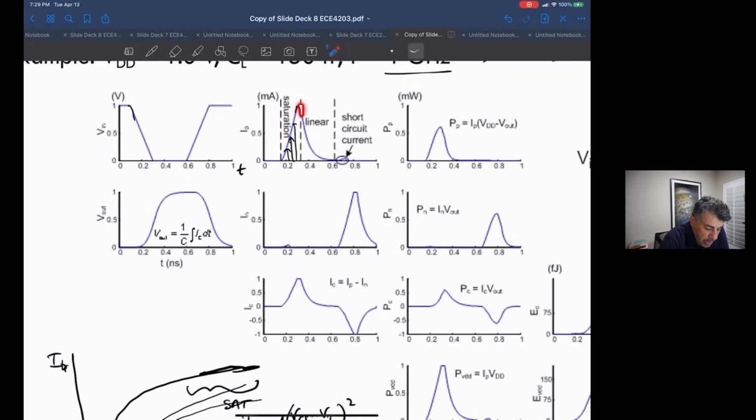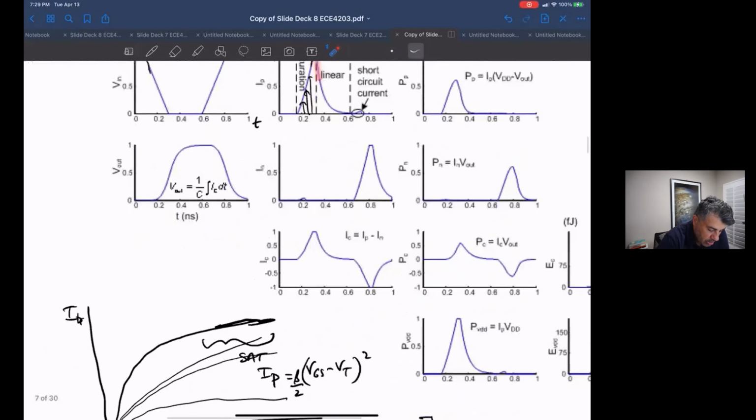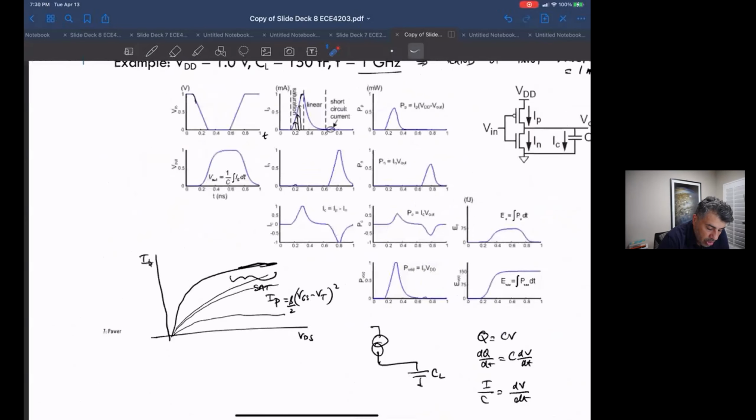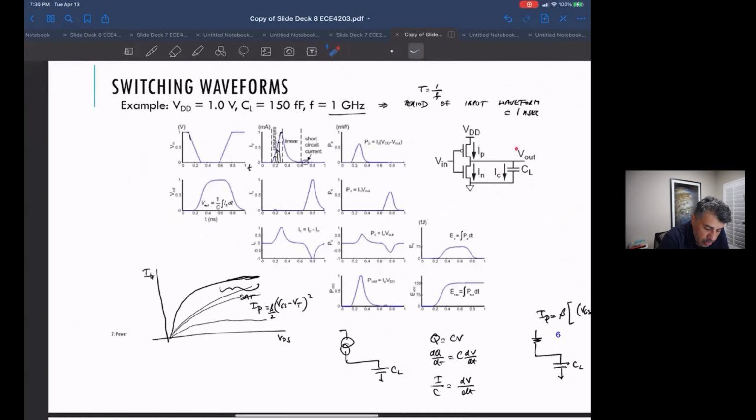And in the linear domain, because all along, as this thing goes from 0 to VDD, you're shrinking VDS of this device. Okay, so you're going down these curves. So you start with this curve, go to that curve.